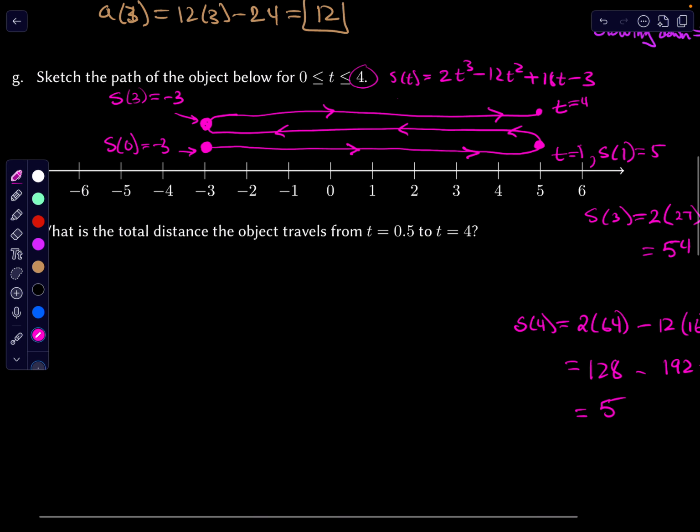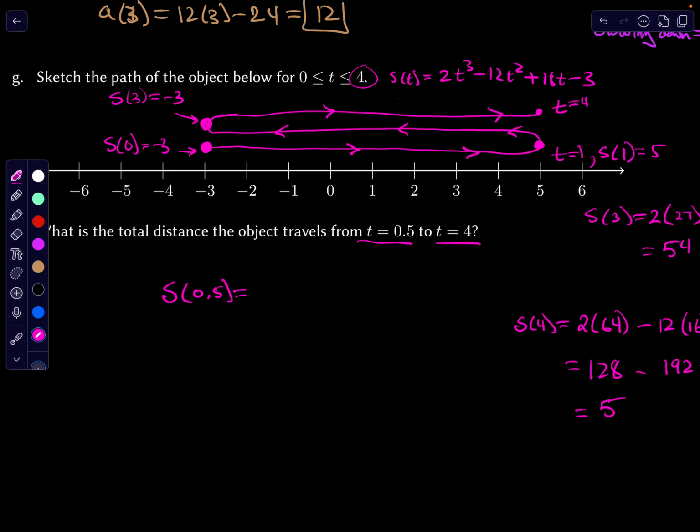Okay, so now how far is the object traveling from t equals 0.5 to t equals 4? I chose 0.5 here just so that I could illustrate that we're not just going to be computing this at integer points, but the problem is that s of 0.5 is kind of a pain.